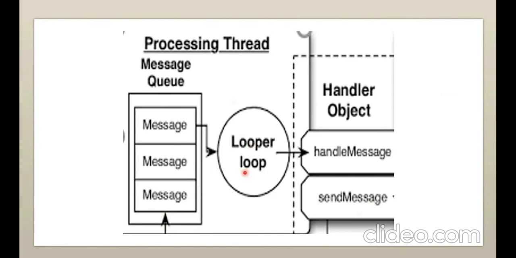The looper picks one message at a time from the message queue and gives it to the handler, specifically to handle message of the handler, so that the message will be executed. So this is a message queue loop.